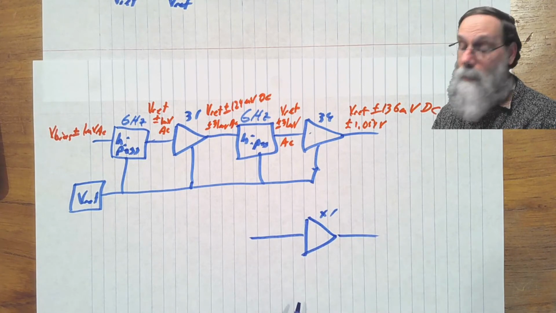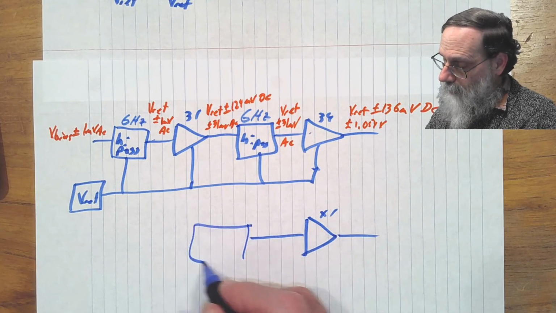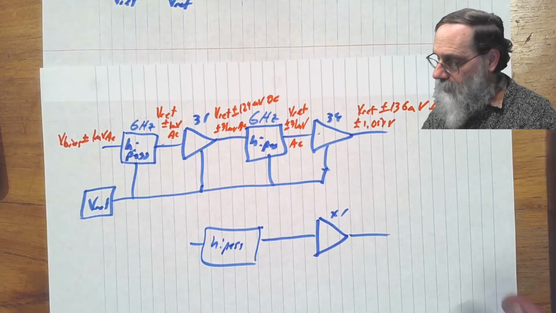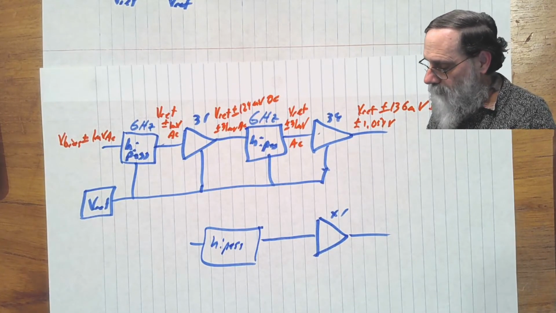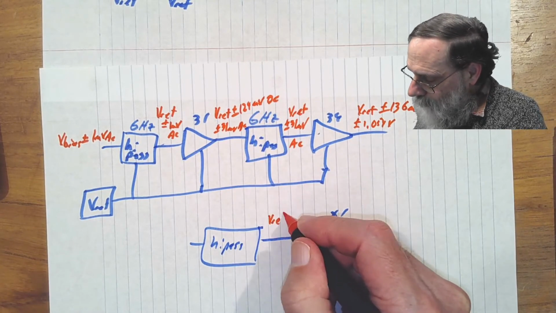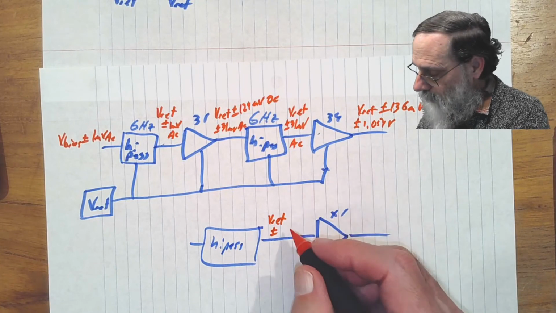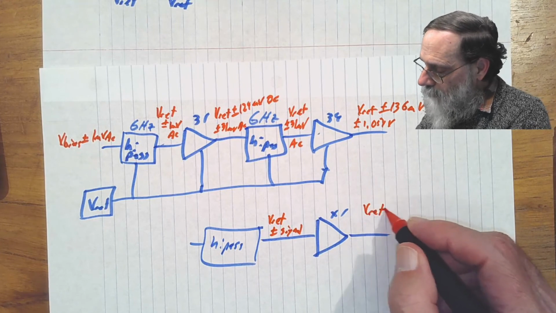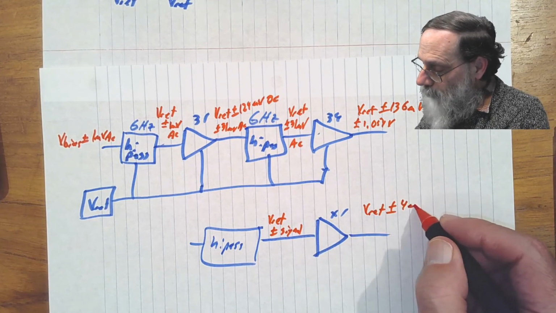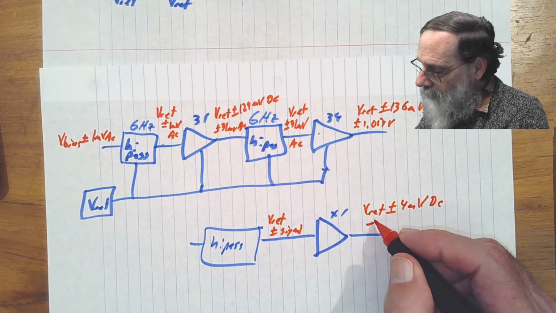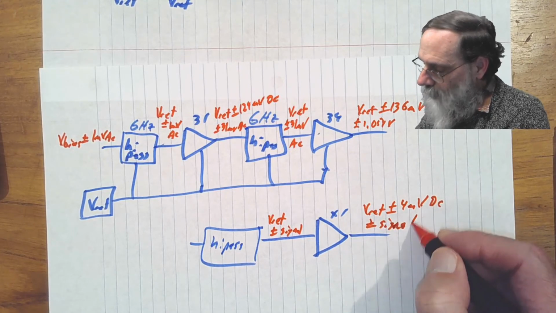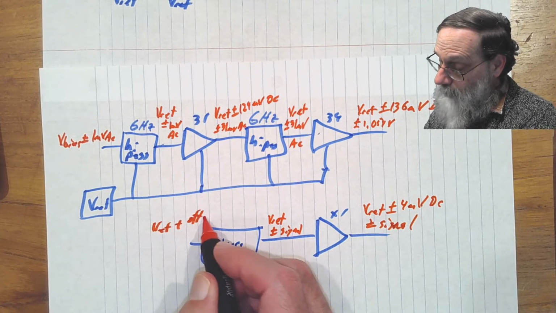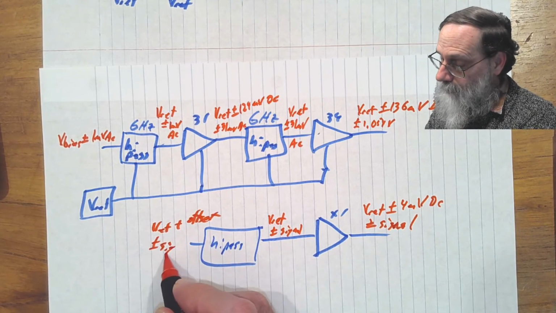If you've got a gain of 1, and with the high pass filter in front of it, then the signal here is going to be Vref plus or minus whatever the signal is, and the output here will be Vref plus or minus the 4 millivolt offset plus or minus the signal. So I could have Vref plus pretty large offset here, plus or minus the signal.